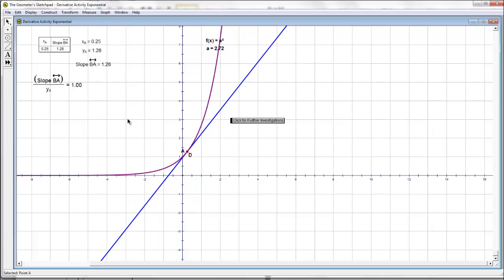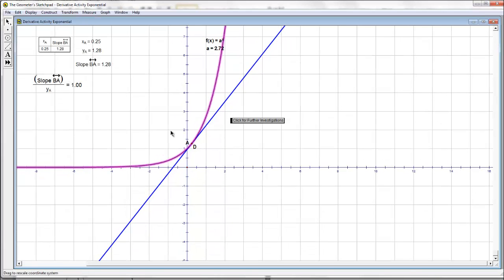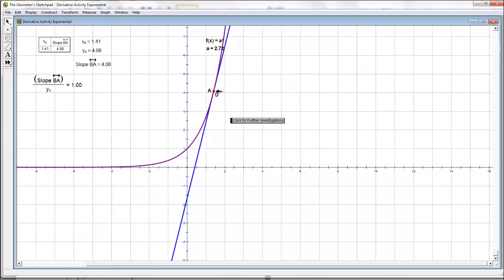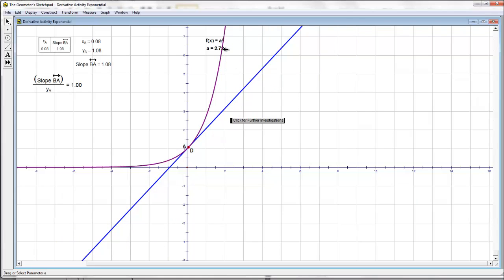And notice, of course, the ratio of the gradient of the tangent with the function itself is actually 1. Therefore, the gradient and the function itself have to be equal all the way along the curve. Okay, and that's at this number of 2.72, which is just an approximation, but for our purposes it will do its job.